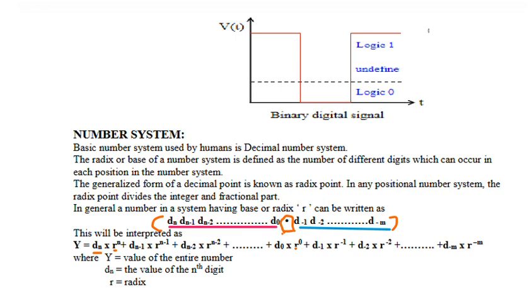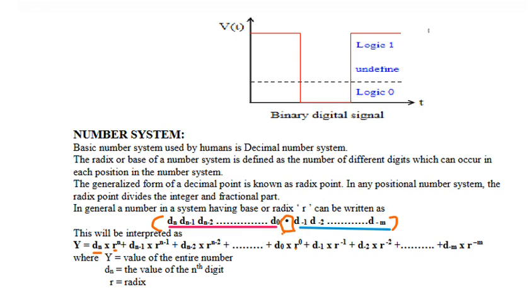So r is multiplied to each position. That means we are integrating the dn with significance to the rn. Like dn is significant with rn, similarly dn minus 1, dn minus 2 and so on. So dn minus 1 is placed at rn minus 1.